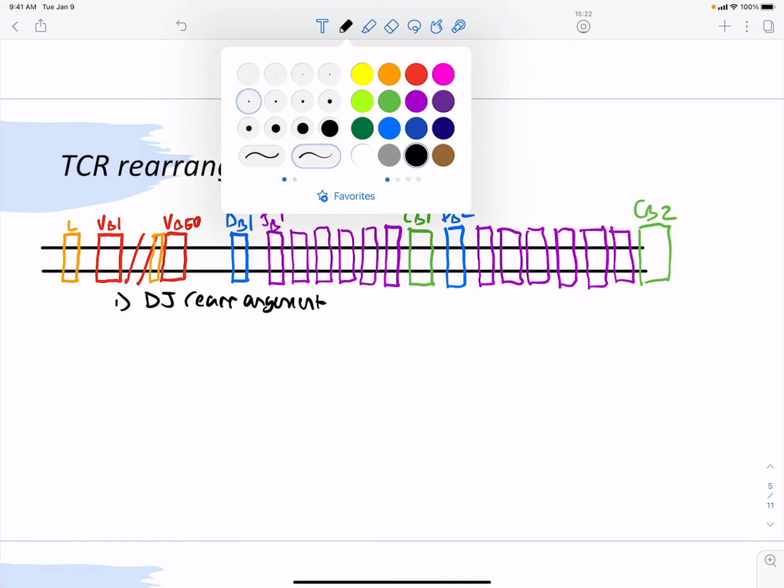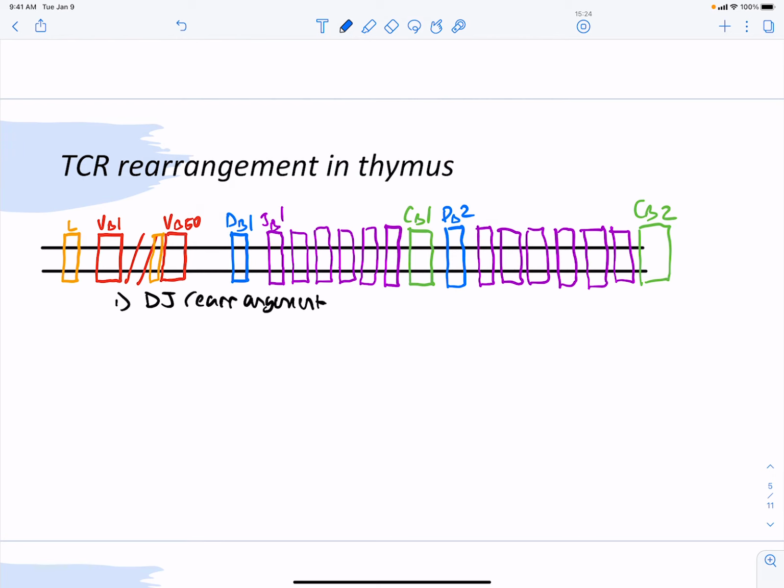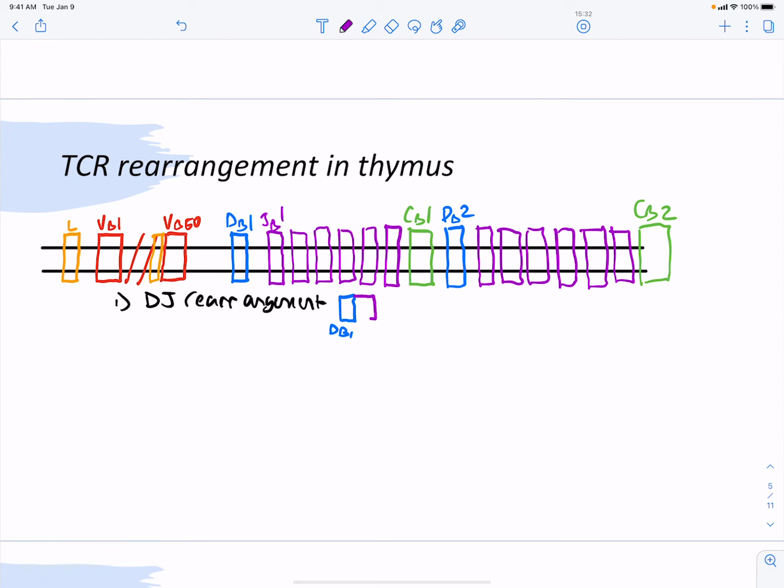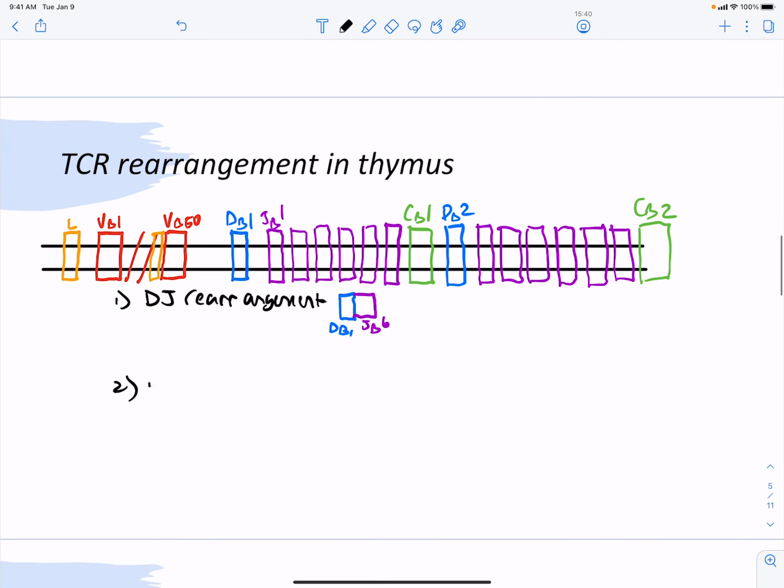And so you'll get your D beta 1, and we'll say joining beta 6. And then after that, you will get your V recombination.